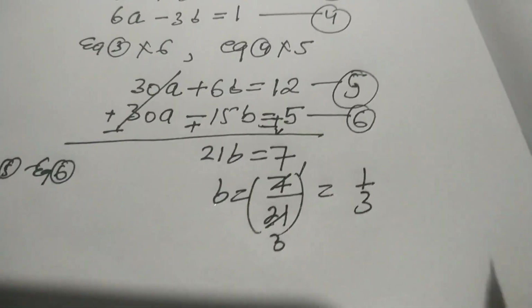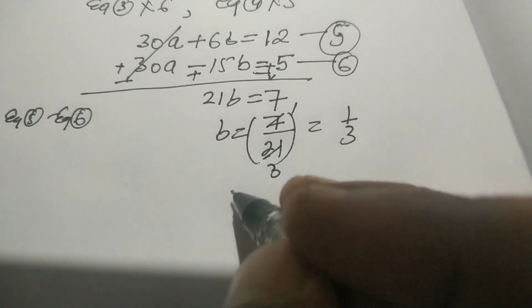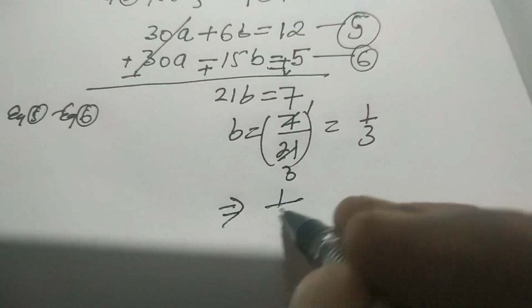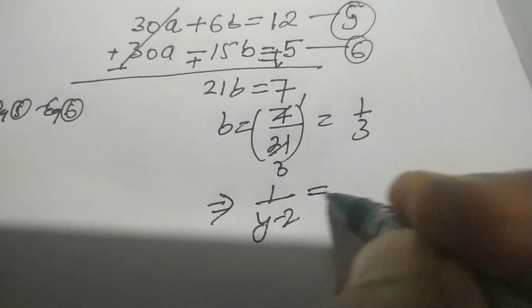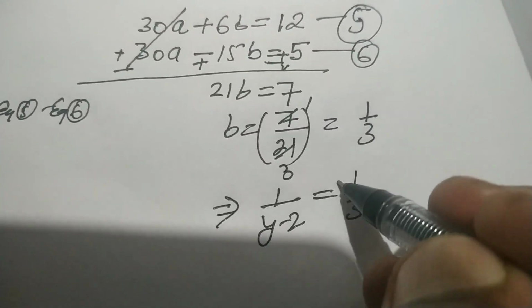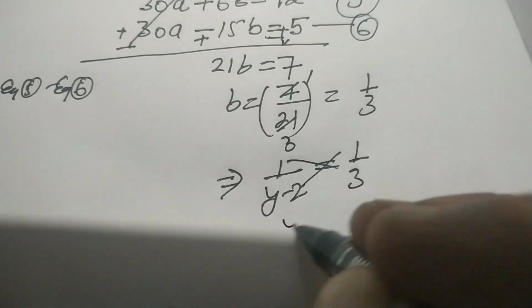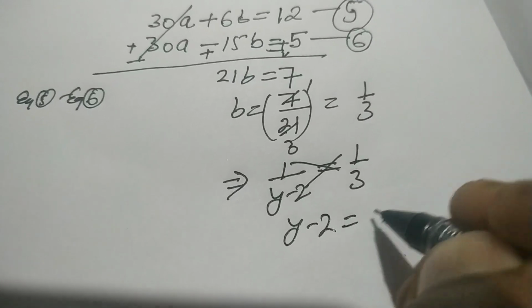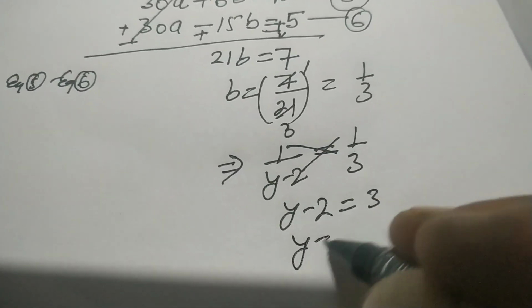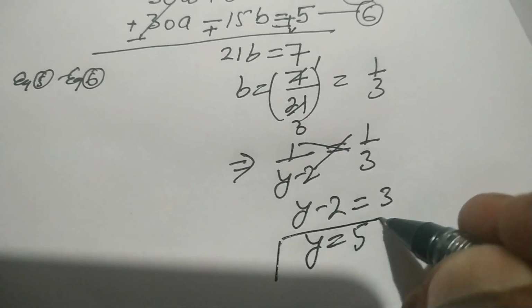Now we have b as 1 upon 3, but actually b is 1 upon y minus 2. So this implies that 1 upon y minus 2 is equal to 1 upon 3. If we cross multiply, we get y minus 2 is equal to 3. Then y is equal to 5.